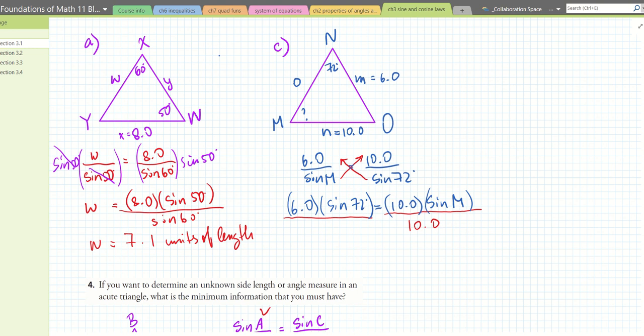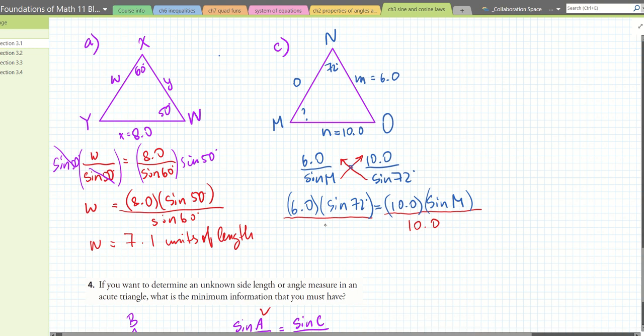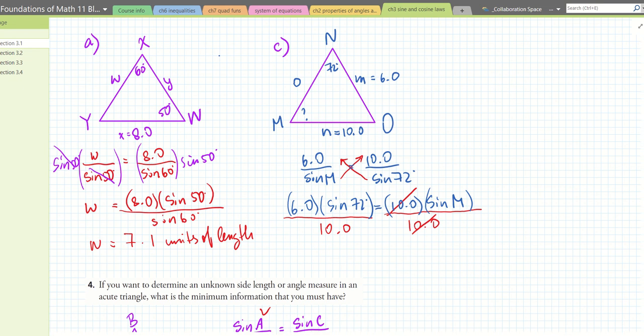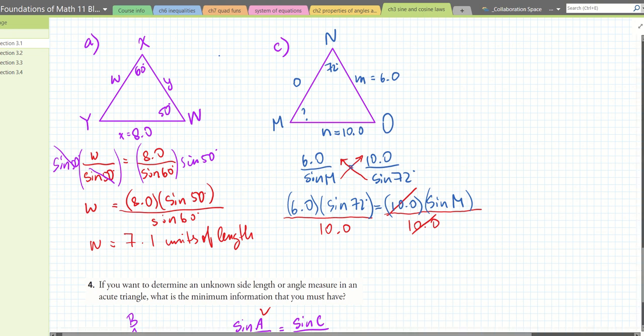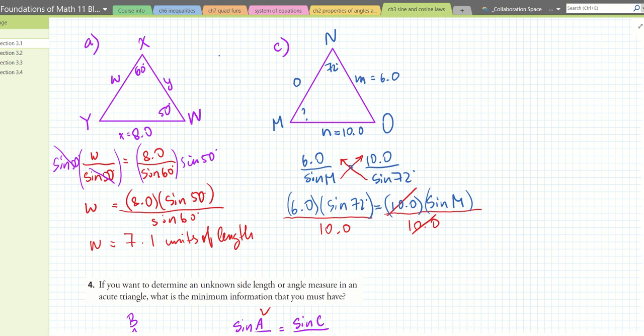So you basically skip this step that I'm doing right now. But if you're given this as a question, then you do need to go through all the steps. So cross multiply, divide or multiply, whatever you have to do here, get the unknown by itself. So now we have sine M by itself, and now we can figure out what this left side equals, and then take the inverse.